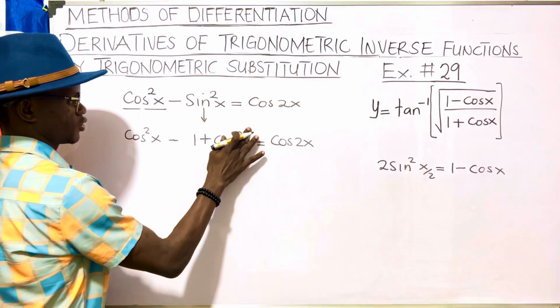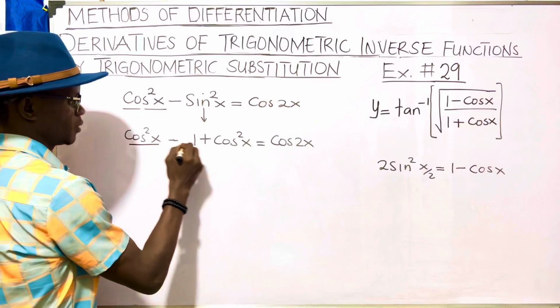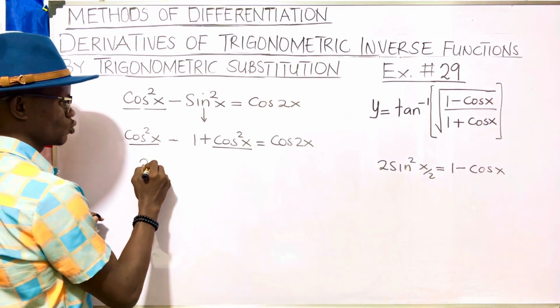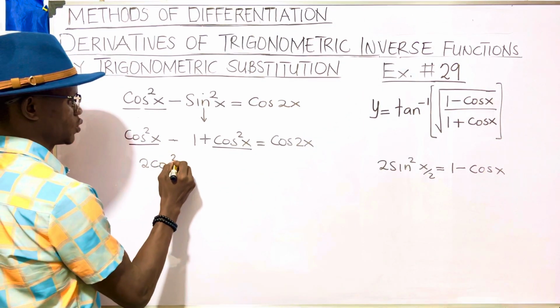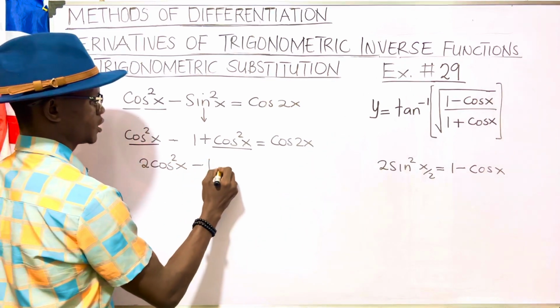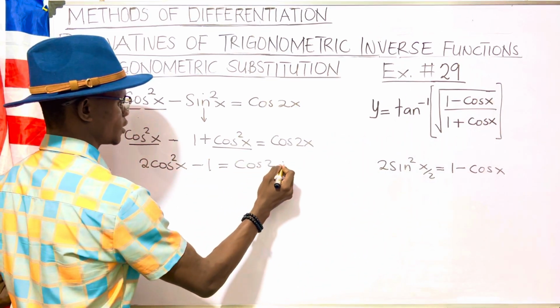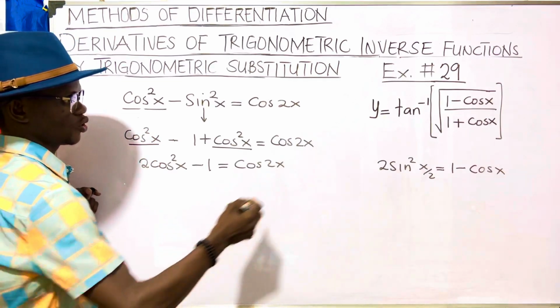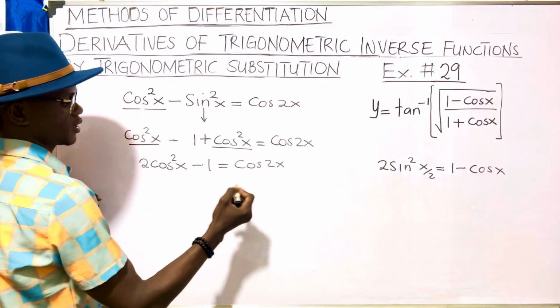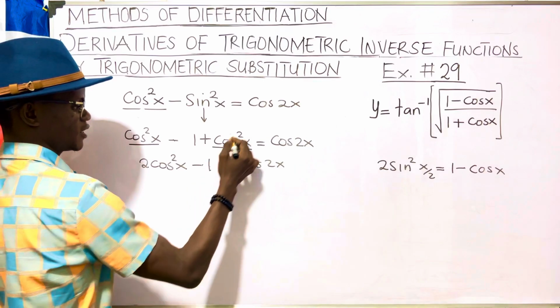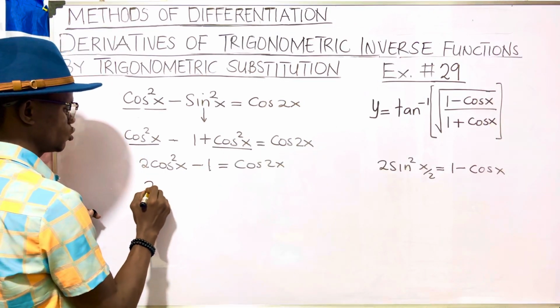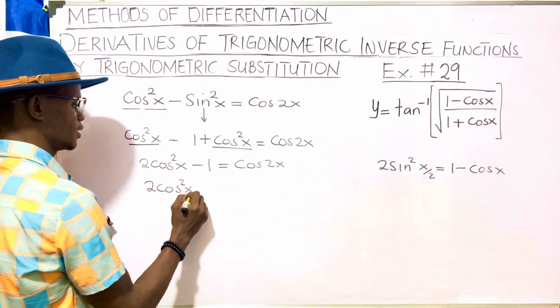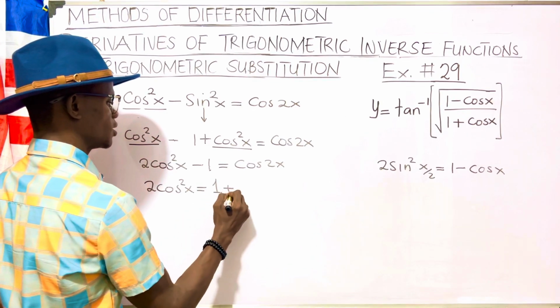Now this plus this gives us 2 cos square x minus 1 equals cos of 2x. We need 1 plus cos of 2x. So if we send this negative 1 across, it becomes positive. So 2 cos square x is equal to 1 plus cos of 2x.